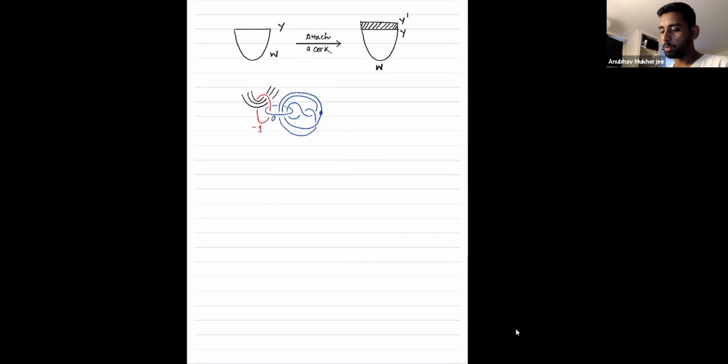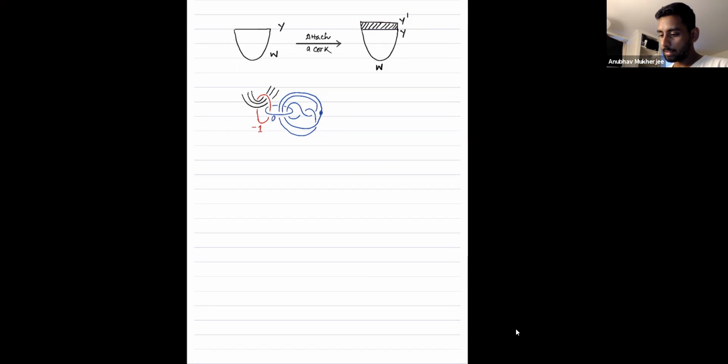So this is our W, where except for this particular knot gamma, everything is Stein. So in order to fix this knot gamma, I build a cobordism. What I do, I attach a Mazur cork. A cork is essentially a pair of algebraically cancelling 1- and 2-handles.